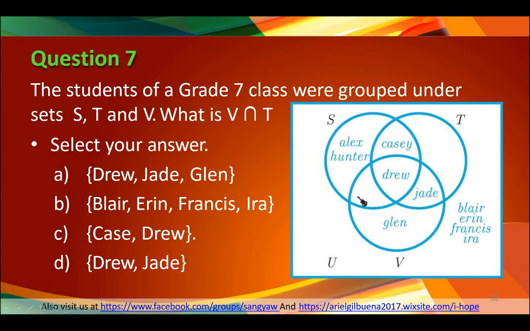Yan natin circle, another circle, then another circle. So, saan sila nagkatagpo-tatlo? So, kay Drew, Jade, at Cassie. Drew, Jade. So, wala tayong sagot dito. Sorry, it's Drew and Jade. Drew and Jade. Ayan.